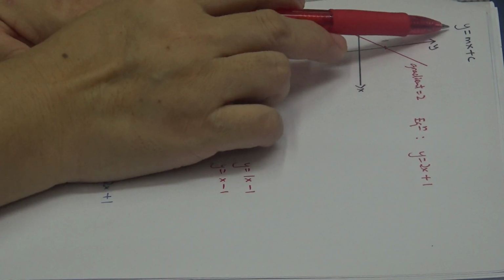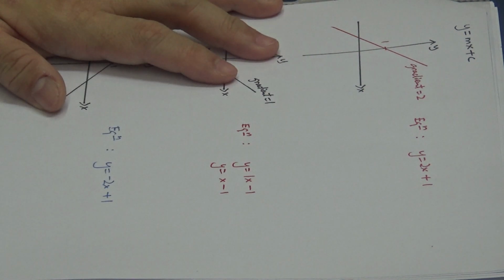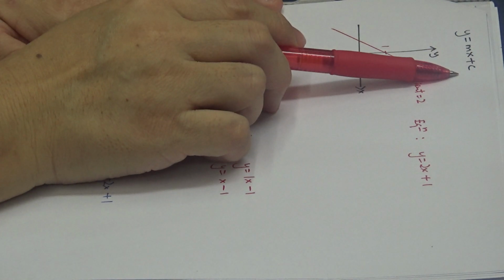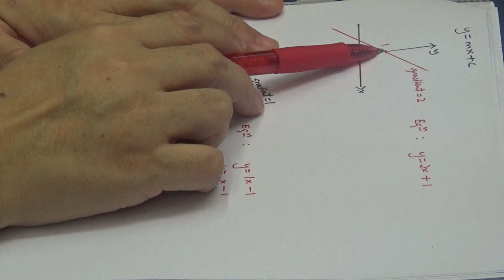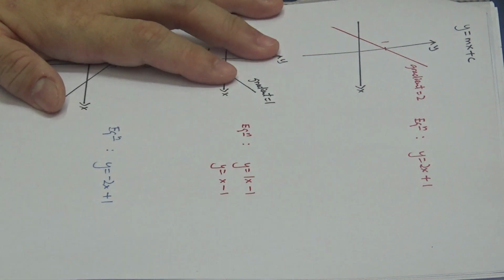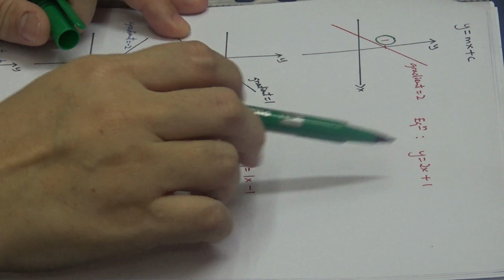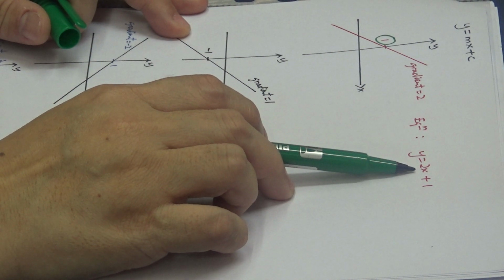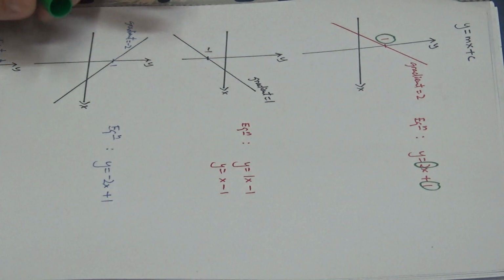Now, I told you that the general form of a straight line equation is y equals mx plus c. If I tell you that this line has gradient 2 and it cuts the y-axis at 1, that means 1 is the y-intercept. So I'll write y equals 2x plus 1, whereby this is the gradient, this is the y-intercept.